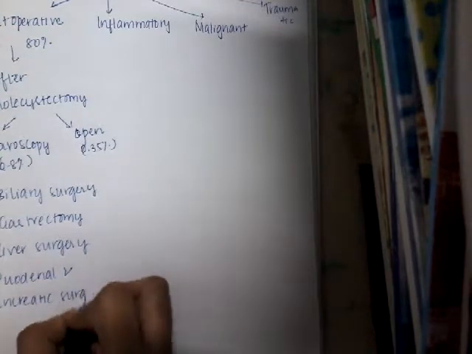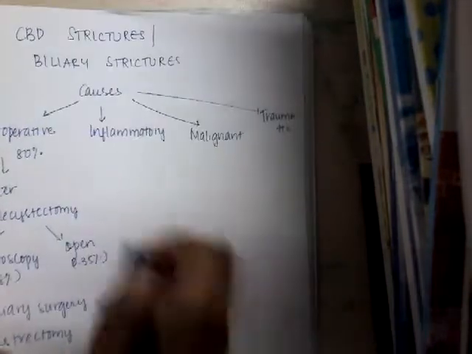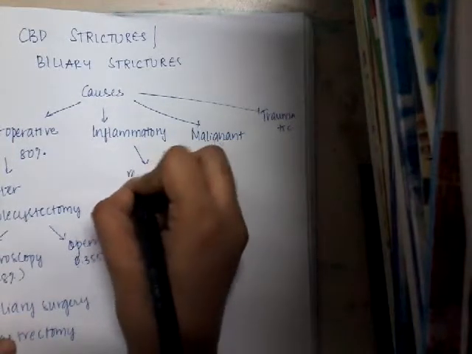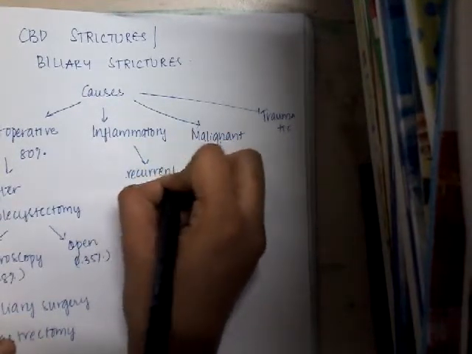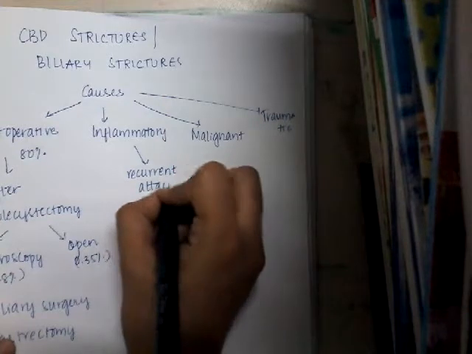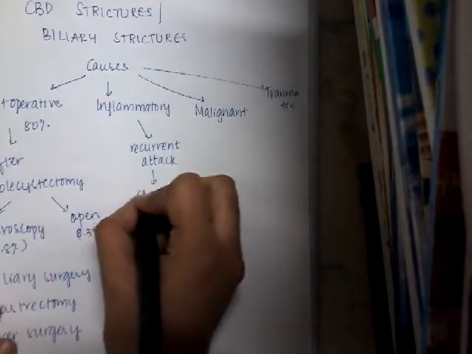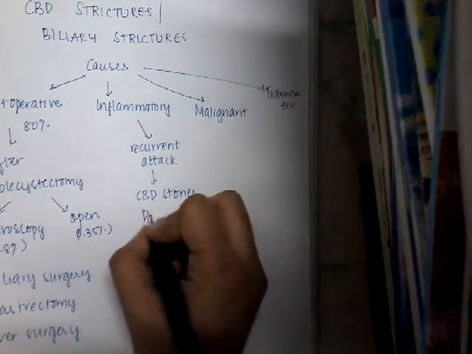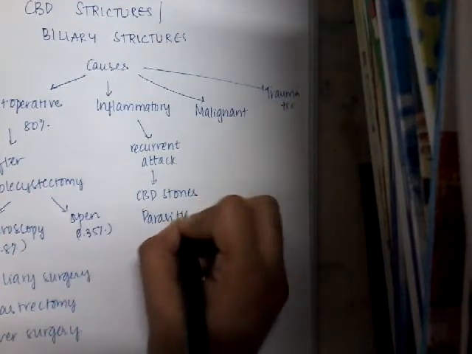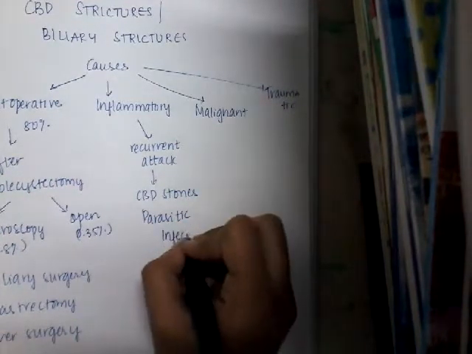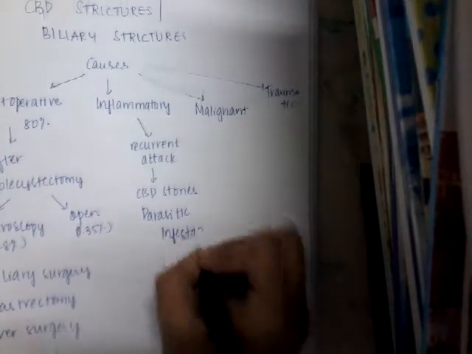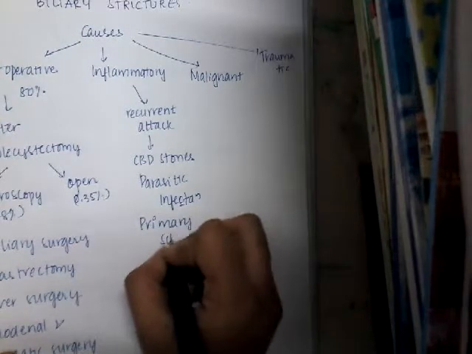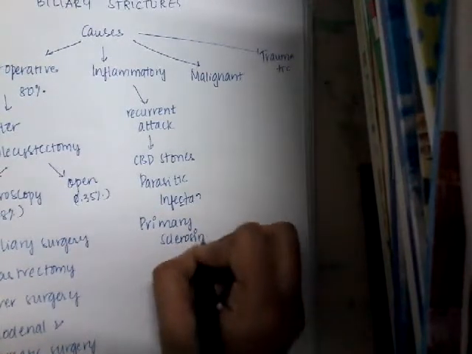Okay. Now, what are the inflammatory causes? The inflammatory causes occur after recurrent attacks, not just one attack. So what are they? Recurrent attacks of common bile duct stones, or parasitic infestation, or it can be primary sclerosing cholangitis.